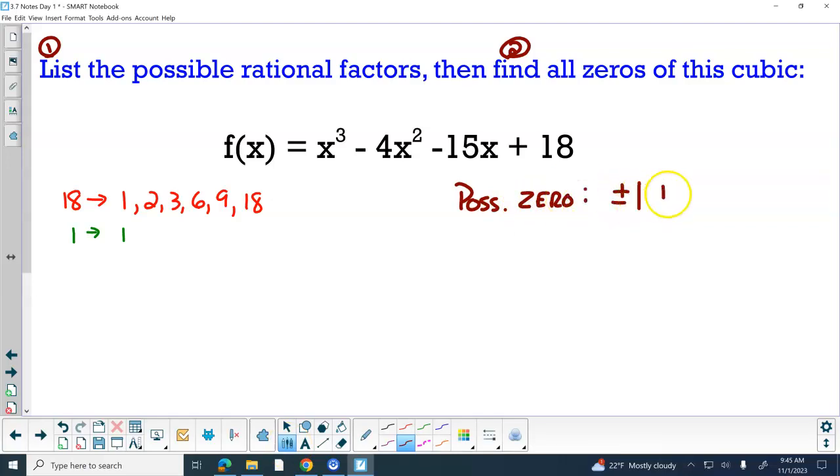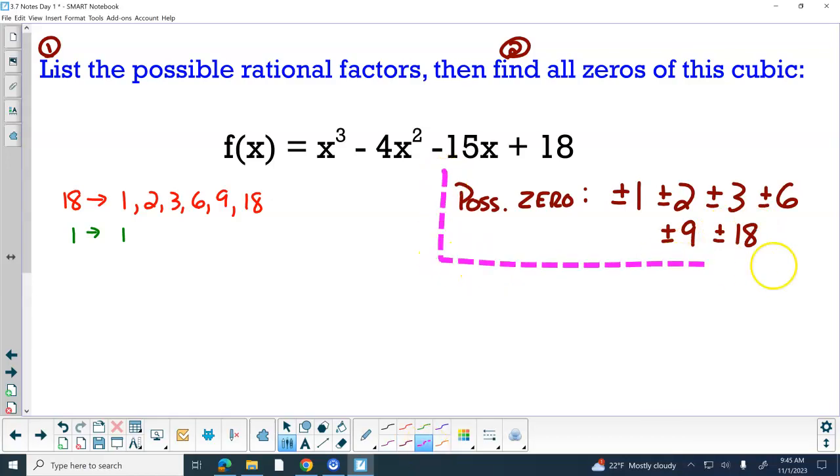Plus and minus 1, plus and minus 2, 3, 6, 9, and 18. Okay? That's the answer to the first question.